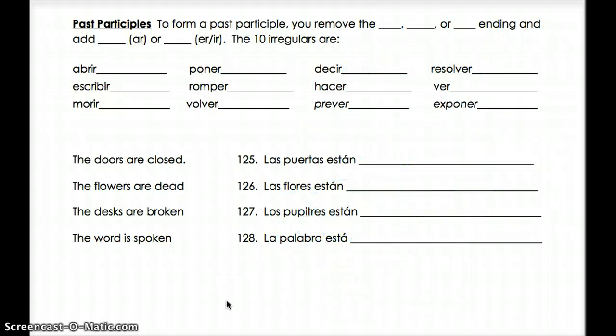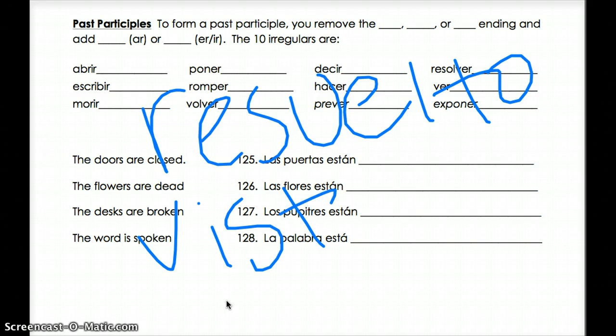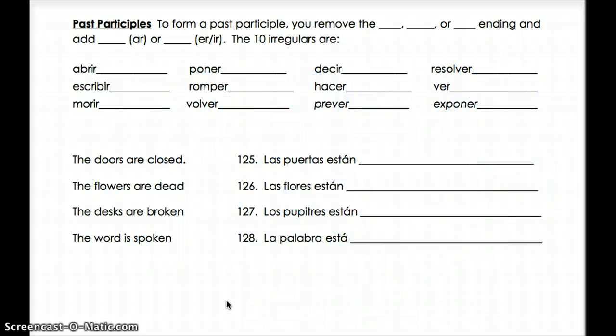And then I've got resuelto, visto again, and expuesto, which again is the exact same as puesto, but with ex in front of it, like that, okay? Now let's fill these out. And then again, I strongly suggest you go back through my past participles video, which is right below all these links, and you can review that even more if you need help.